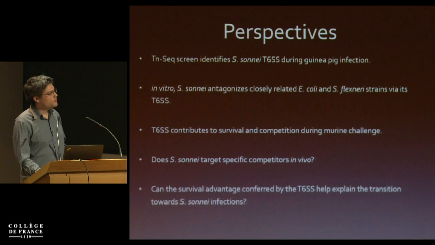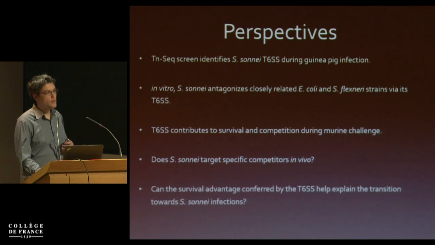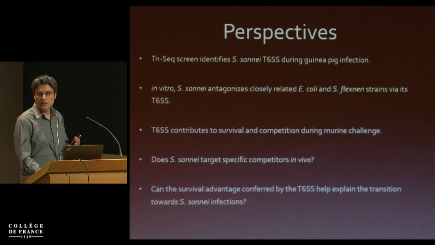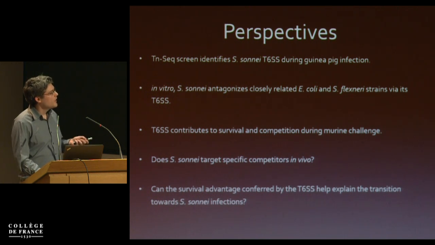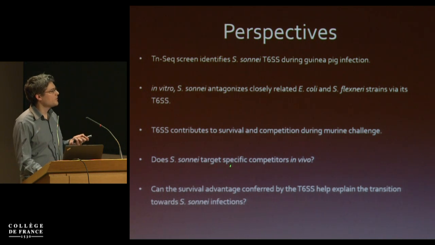And this raises the questions that we're currently trying to answer: does Shigella sonnei target specific competitors in vivo? I think it's fairly likely that there is one or two bacteria that it really needs to clear out before it can colonize. And then the larger question: can the survival advantage conferred by the type 6 system help to potentially explain some of the transition towards Shigella sonnei?